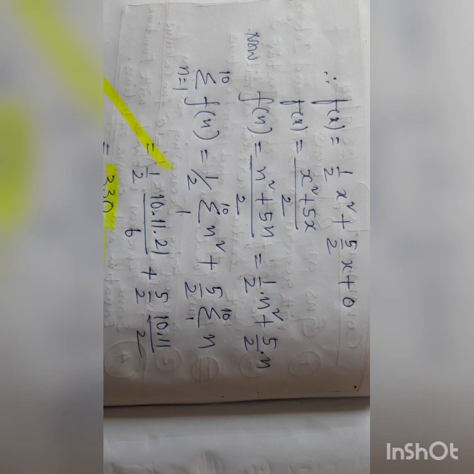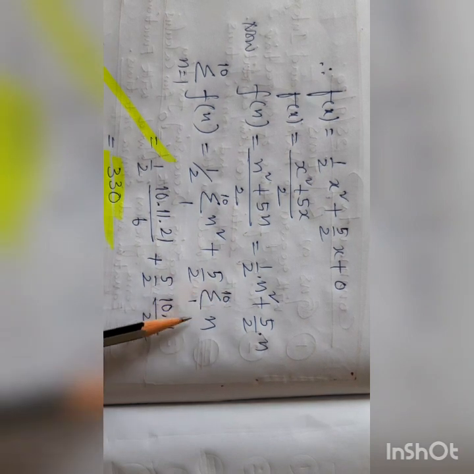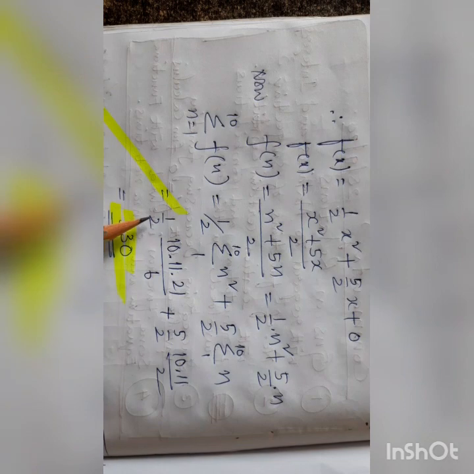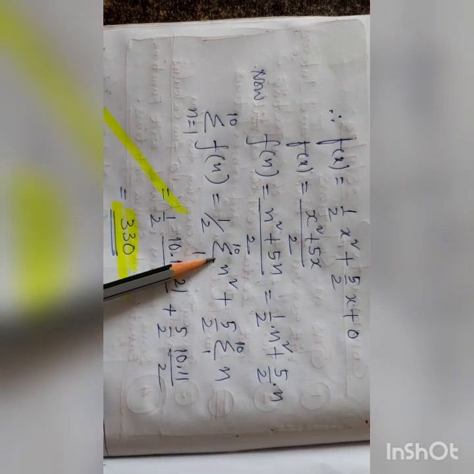So sigma n equal to 1 to 10 of f(n) equals 1 by 2 sigma 1 to 10 of n squared plus 5 by 2 sigma 1 to 10 of n. What is the formula? n into n plus 1 into 2n plus 1 by 6.